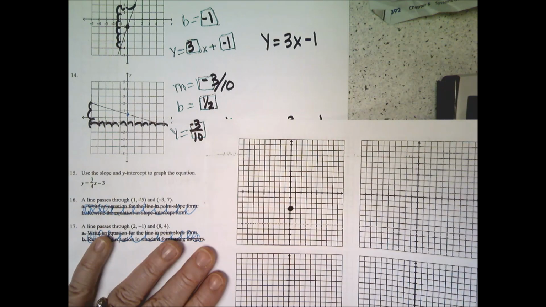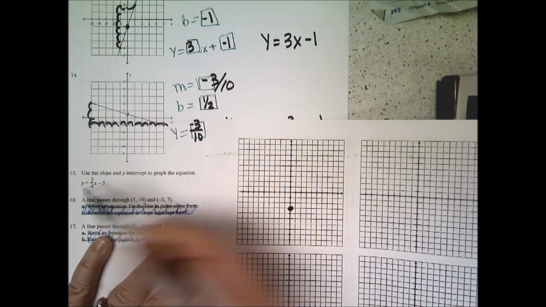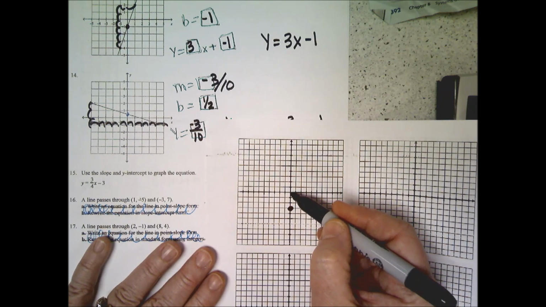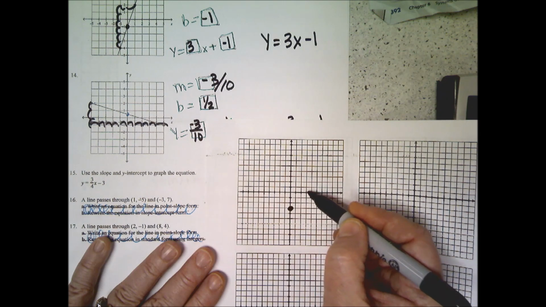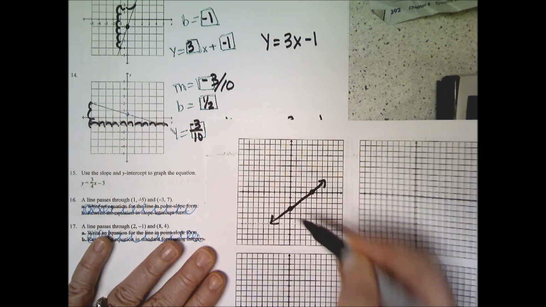Right there. From that y-intercept, I need to apply the slope, which tells me to go what? From that dot, don't go back to the origin, go from that dot. Up 3/4. Draw the line. Can we do that?